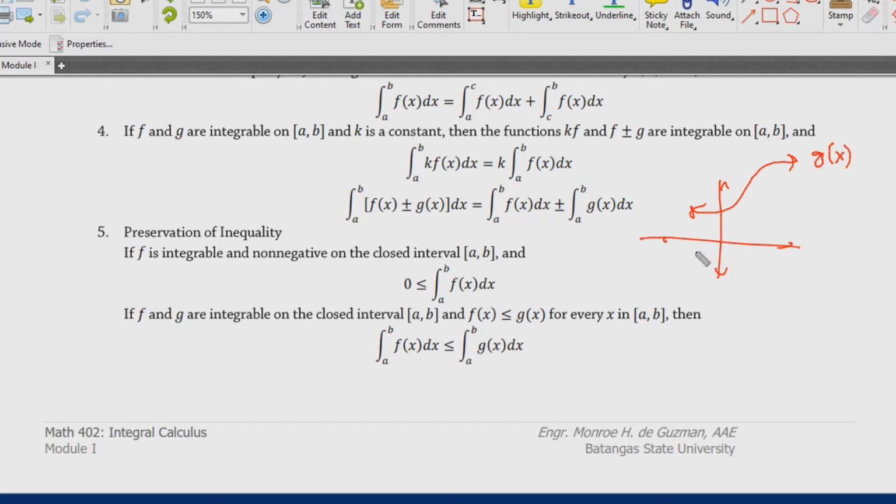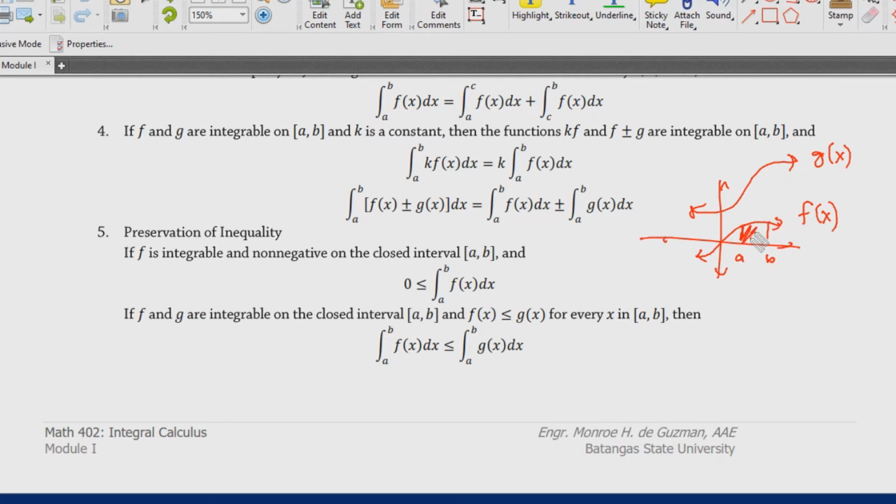So you have to expect na yung f of x at all intervals should be less than. So mas mababa siya, no? So ganyan yung scenario. So in short, if you want to integrate that, that should always mean that if you take the antiderivative from a to b, that should always result to a lesser value than g of x. So that makes sense kasi, for example, this is ab, okay, and then ab to.